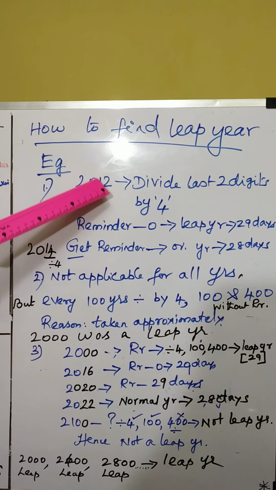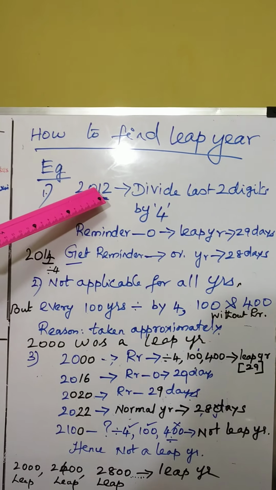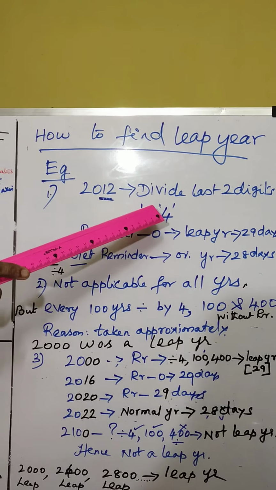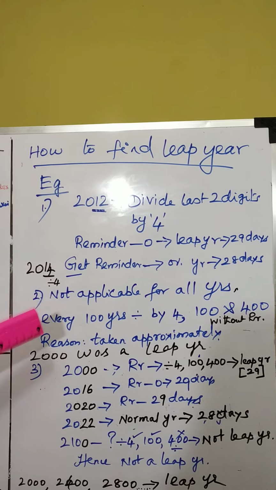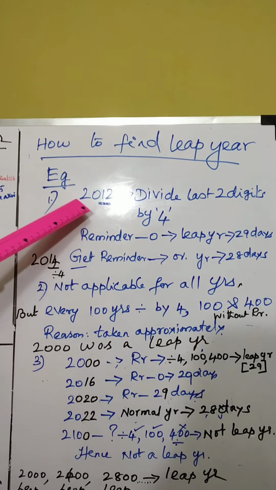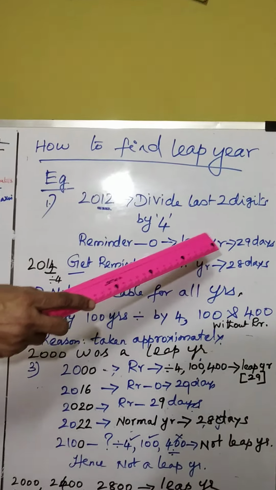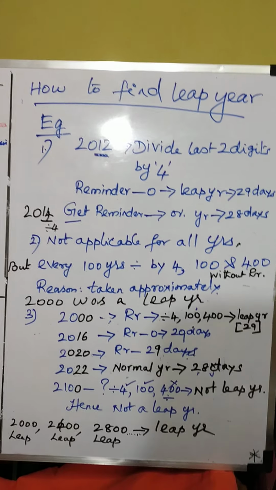In the case of 2012, 12 is divisible by 4. That is 3 4s are 12. We get the remainder as 0. If we get the remainder as 0, the year 2012 is a leap year. Leap year means 1 day extra. That is why February has 29 days.